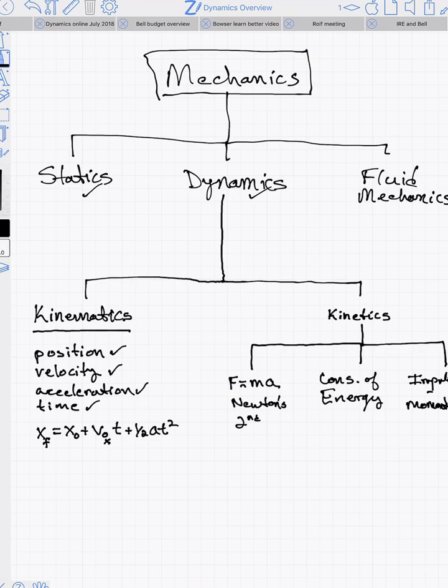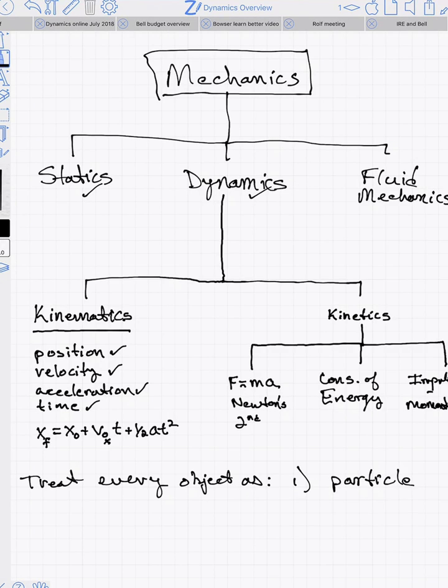In this course, we actually go through and do all of kinematics and kinetics once, and then we do it again. The first time we go through, we treat every object as a particle.